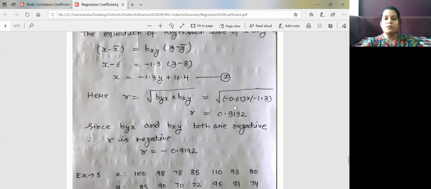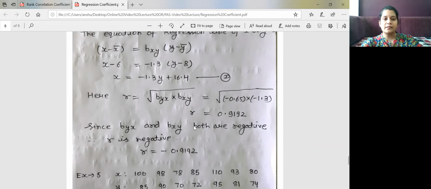What is the value of byx? Byx is minus 0.65 and bxy is minus 1.3. So here we get the value of r is equal to 0.9192, because minus into minus is equal to plus, and the value of r lies between minus 1 to plus 1. We have already seen this in our previous session.